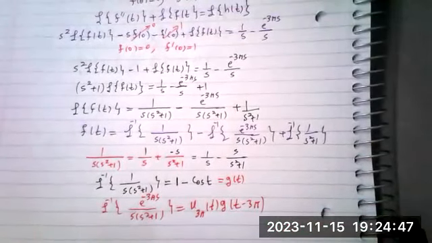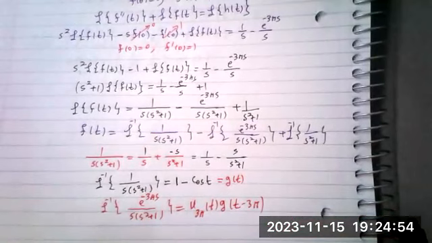Remember, t minus c. As soon as you find the first one, you already got the second part too. You don't have to write it out; you can go up and write it, it's going to be 1 minus cosine of t minus 3 pi.